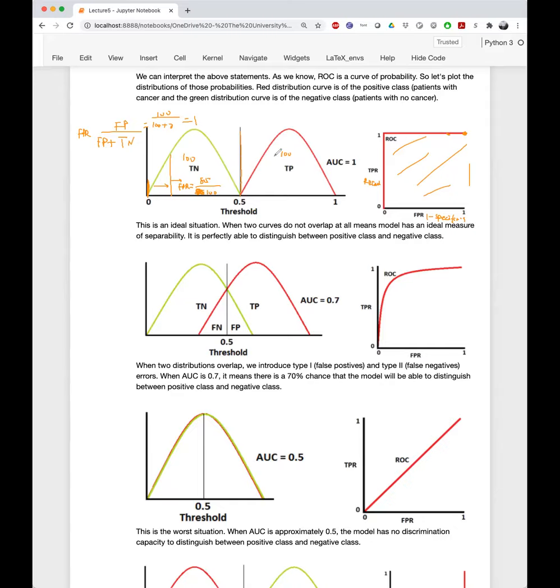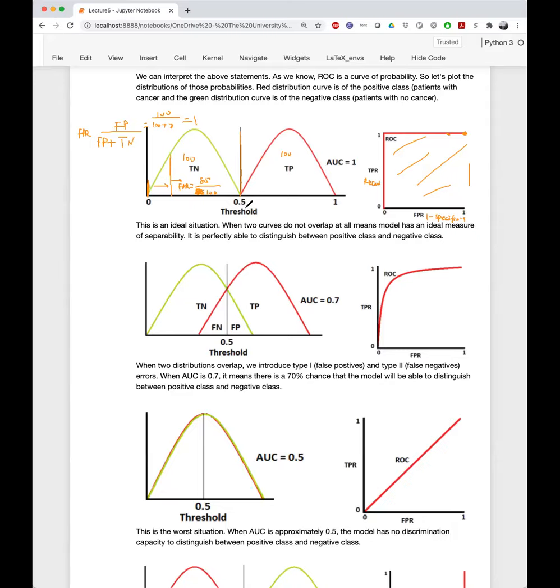So what's the recall? Recall is still 100% because it captured all of the positive cases. And what's the false positive rate? It's 0, because there are no negative cases that the model predicts as positive. For all of these negative cases, they're predicted as negative because they're to the left of this line.